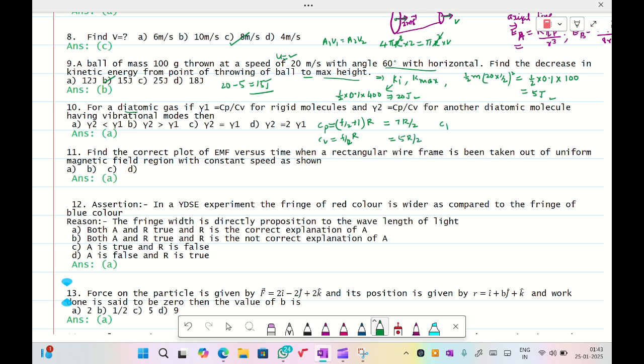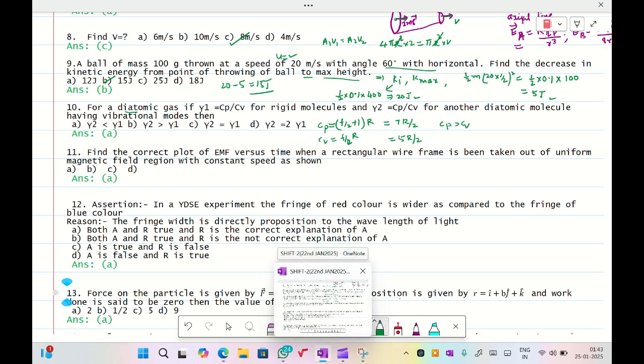We already know Cp is always greater than Cv.